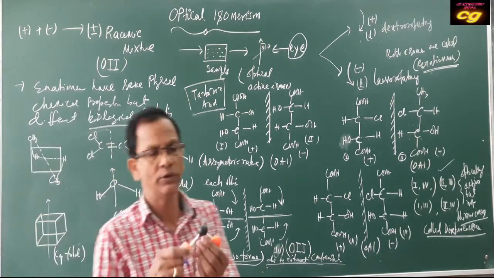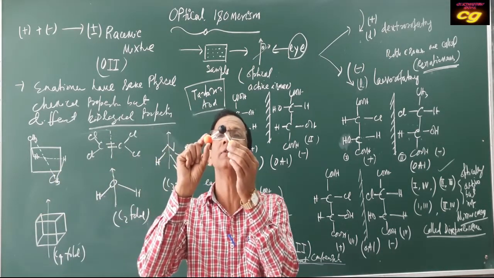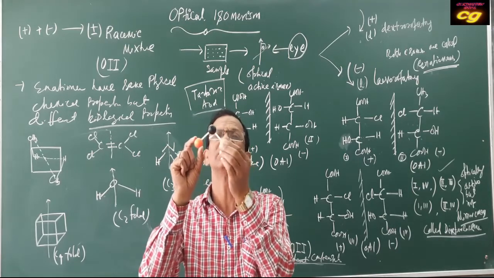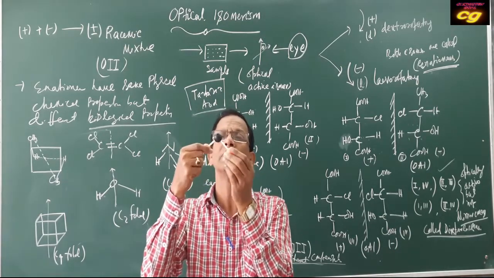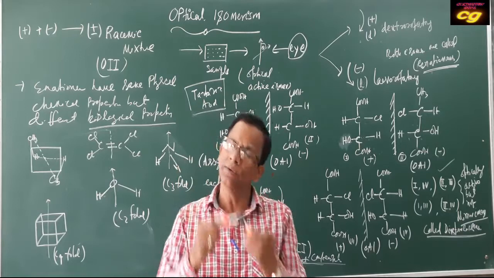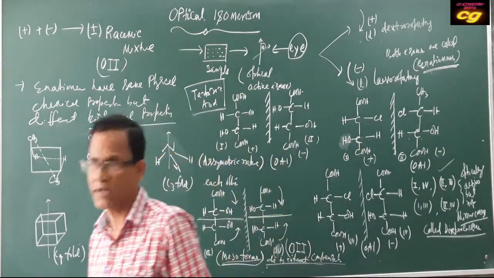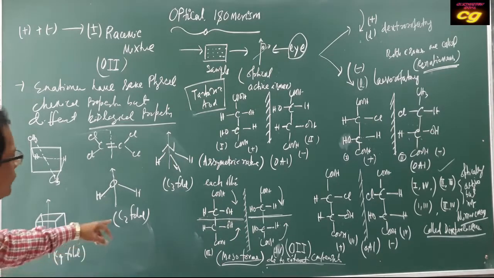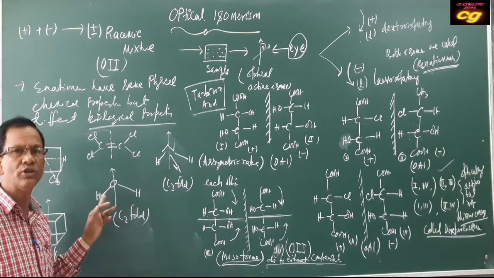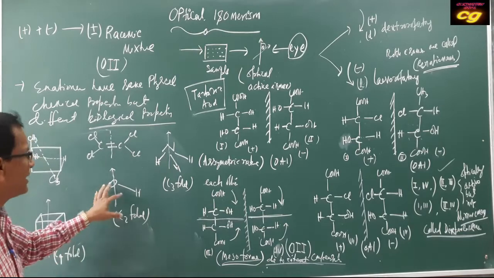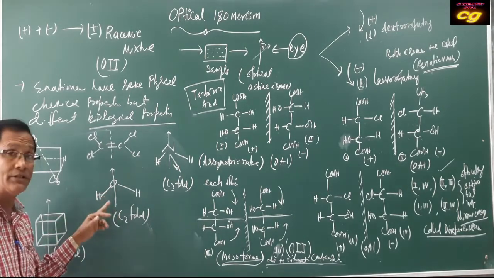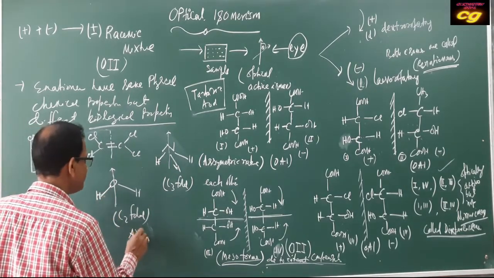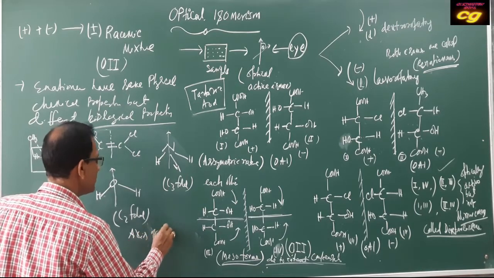Suppose this is a water molecule, first it was like this, then second, like this. If you rotate, the same molecule will be repeated, the same position comes. After two-fold rotation, they will attain the same position. That's why it is symmetry. It is called axis of symmetry.